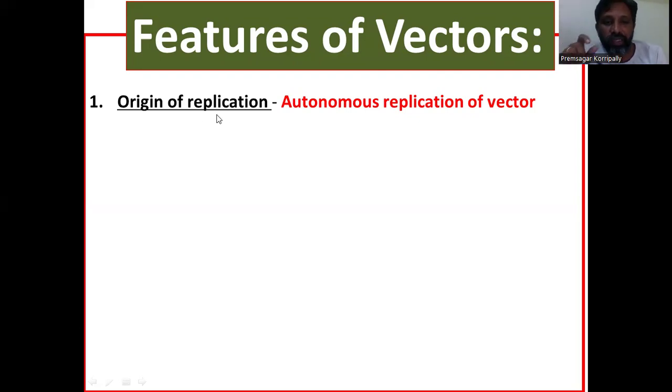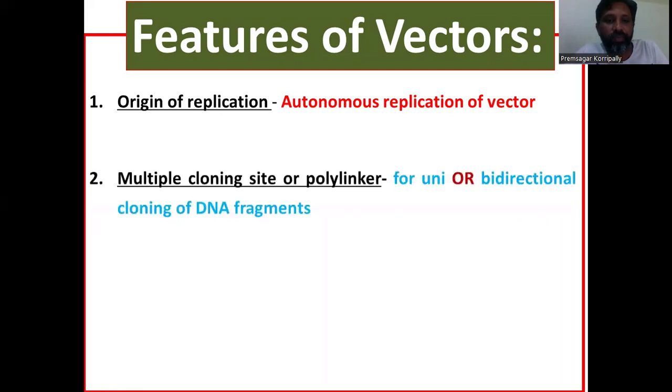That's a site or a nucleotide sequence where the DNA molecules get unwound and initiate the replication. So a vector should be an autonomous replicating vector. So origin of replication is the most important element to be there in the vectors.